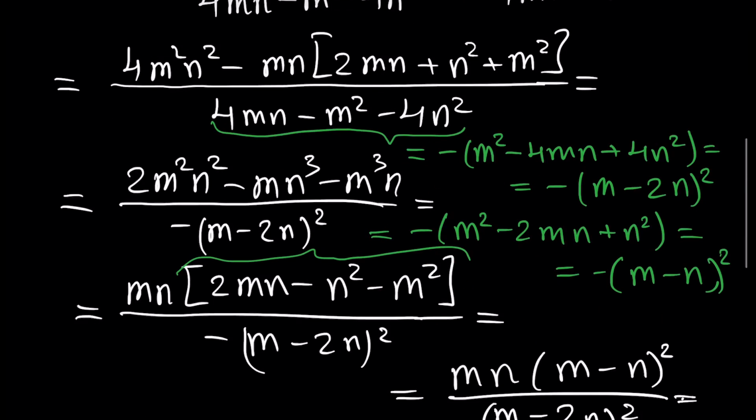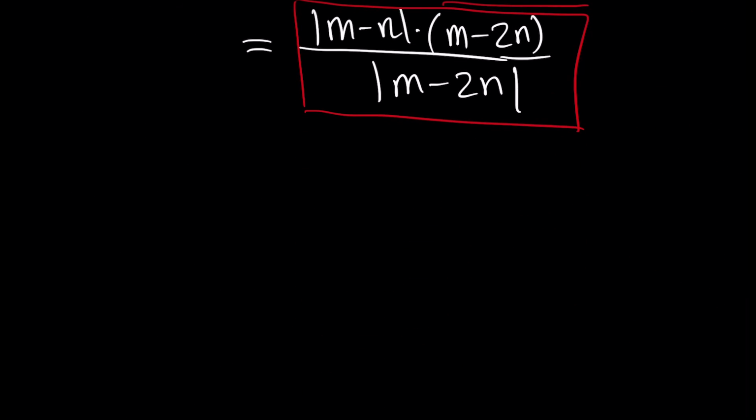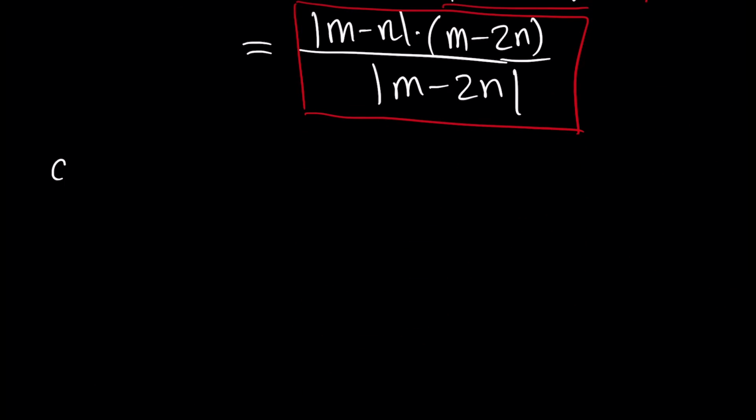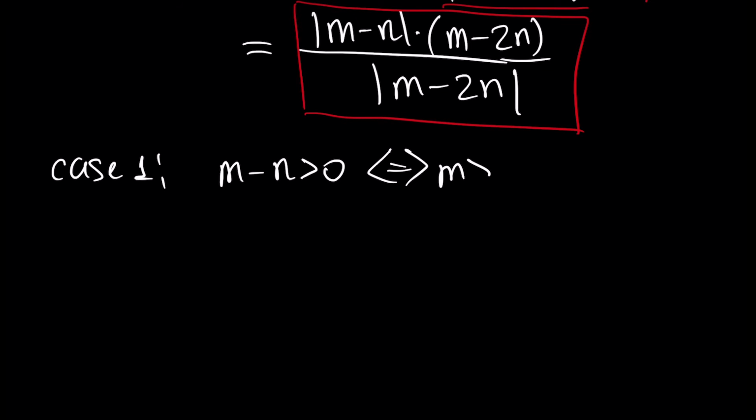First of all, let's assume case 1. Case 1, when m minus n is positive, or equivalently m is bigger than n. In this case, the absolute value of m minus n is equal to m minus n by definition of absolute value.